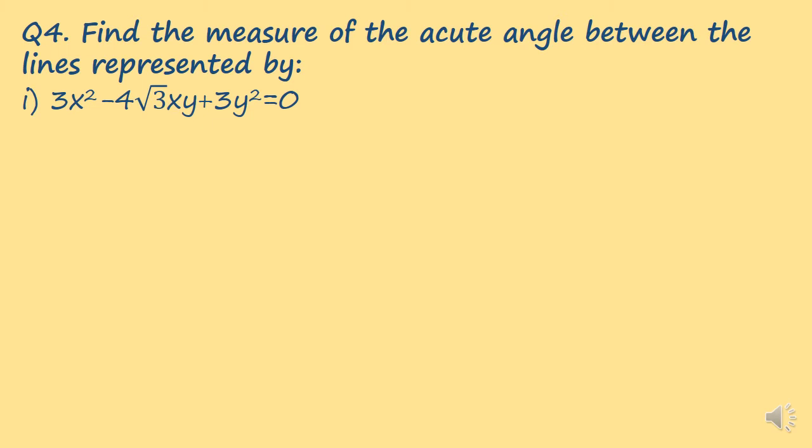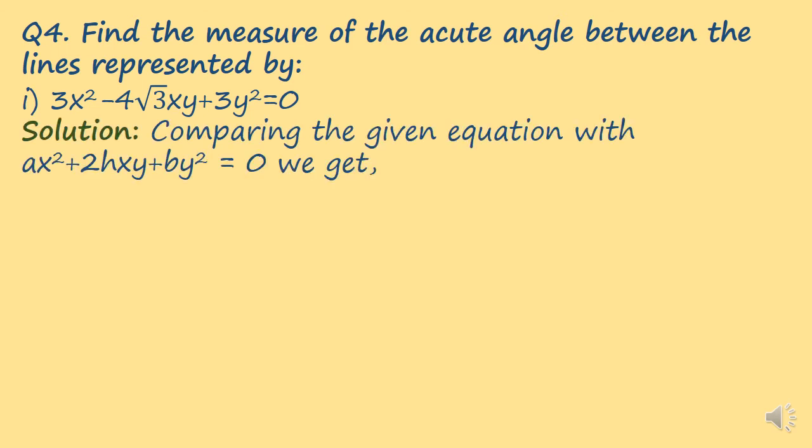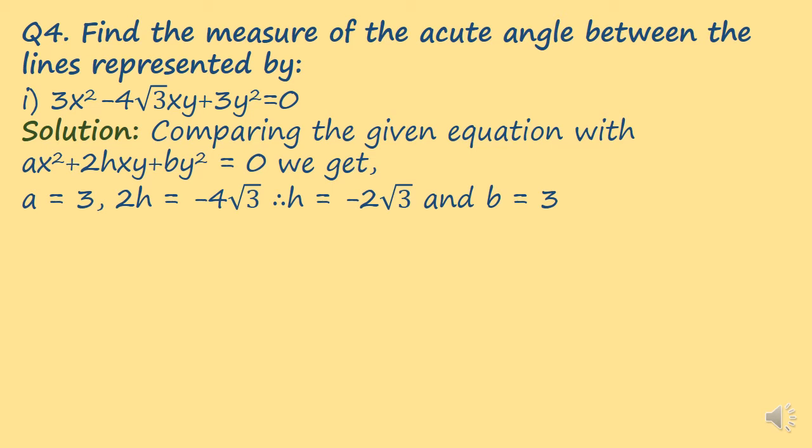So these are a pair of lines. We have to find the measure of the acute angle between the lines. So here, comparing the equation with the general equation, that is ax square plus 2hxy plus by square is equal to 0, we get a as 3, 2h as minus 4 root 3. So h comes out as minus 2 root 3 and b is 3.